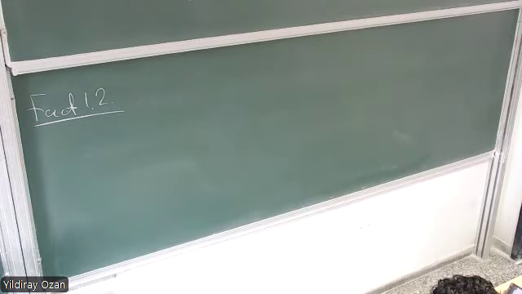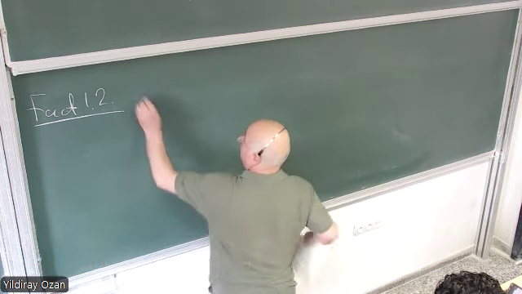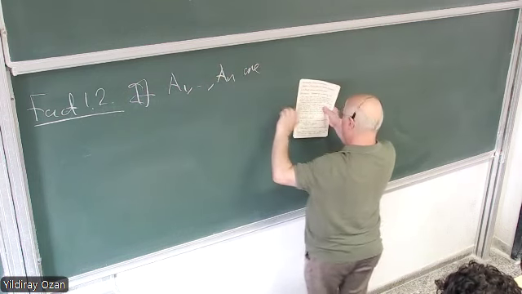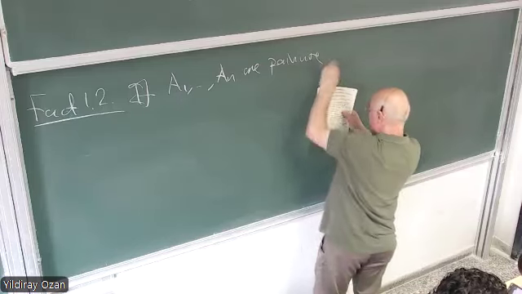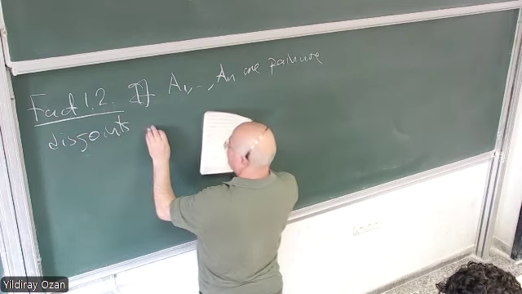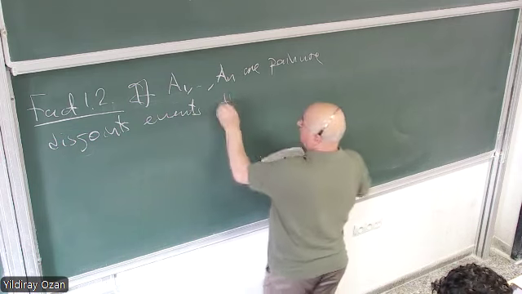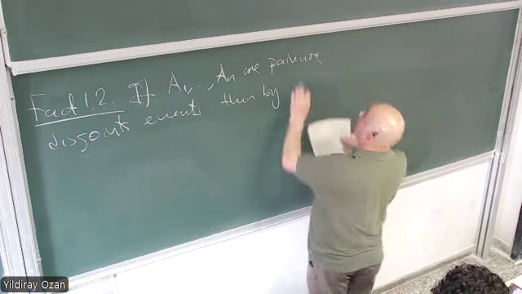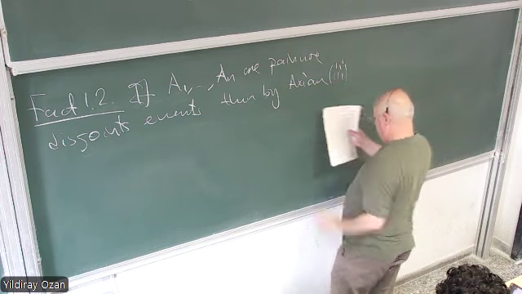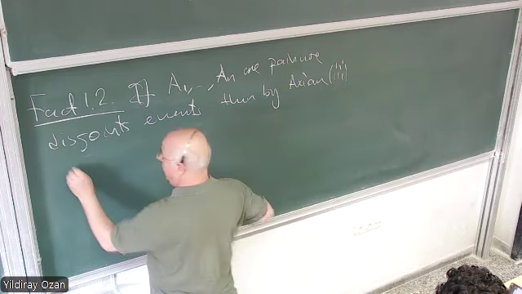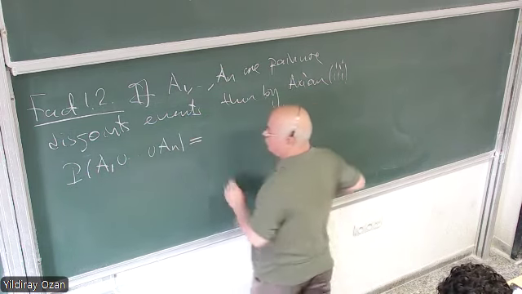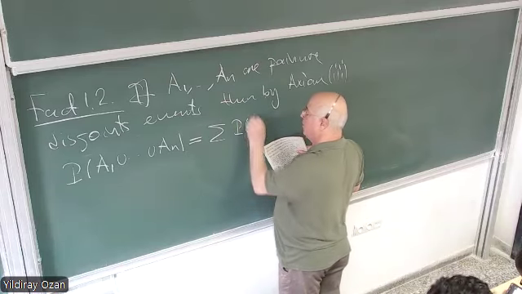Now fact 1.2. If A1 up to AN are pairwise disjoint events, finitely many disjoint events, then by axiom 3 we have this union.